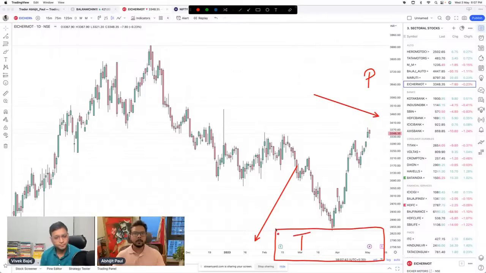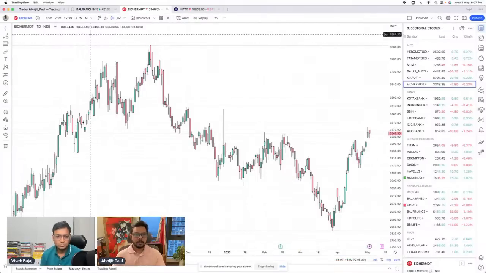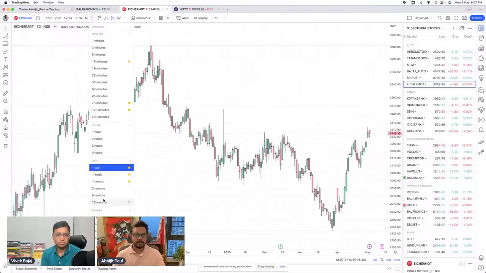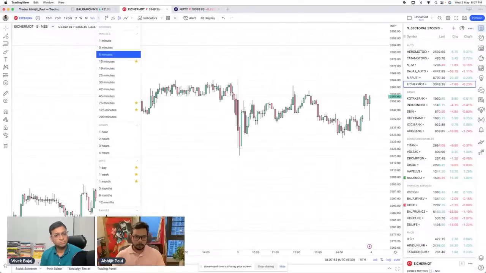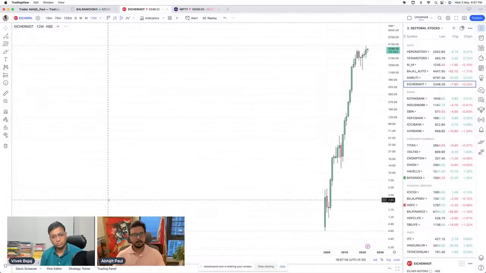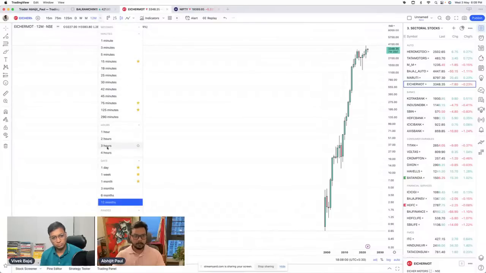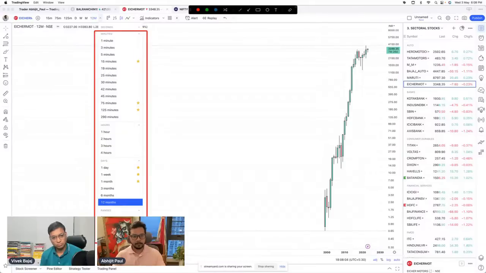When I say play with time, you can change the time frame of any chart. You can look at a 5 minute chart, or a 12-month chart, which is a monthly chart. The point I'm trying to make is that being able to change the time frames of price movement is a big boon to a technical trader.